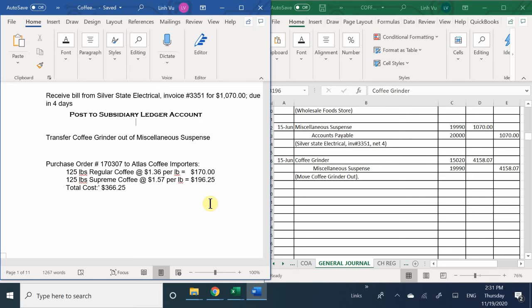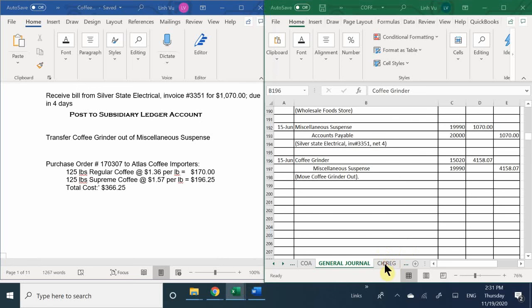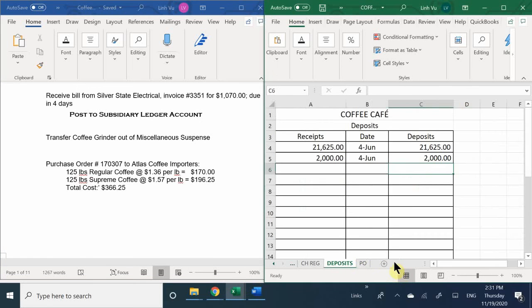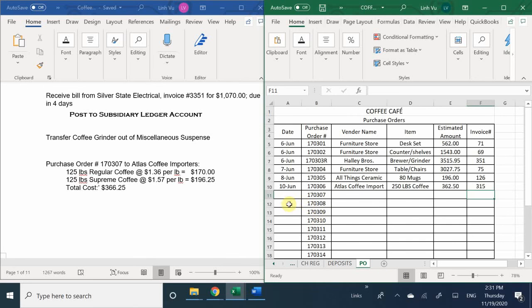All right. So we have purchase order number 170307 to Atlas Coffee Importers. We purchased 125 pounds of regular coffee and 125 pounds of Supreme coffee for a total cost of $366.25. So we are going to go to our purchase orders, to 170307.